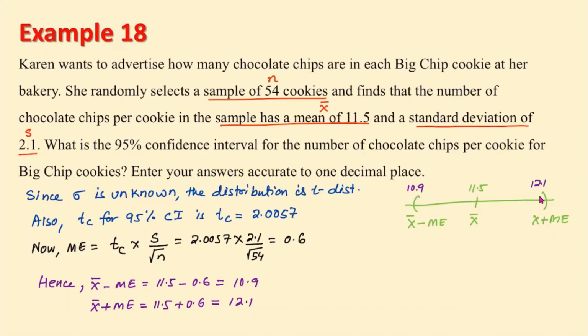So we can say with 95% confidence that the true mean lies between those two values. Hence the confidence interval is that the true mean lies between 10.9 and 12.1. That's how we can find the confidence interval.